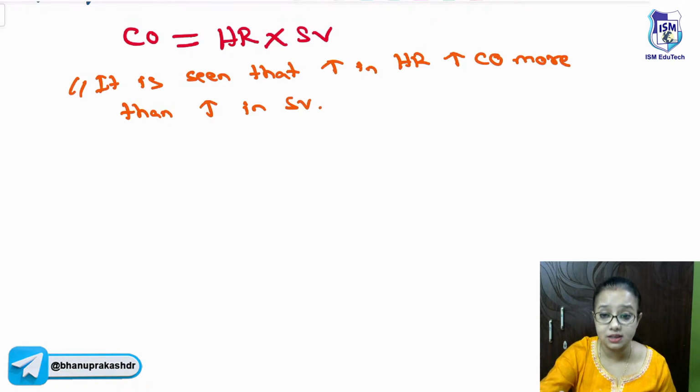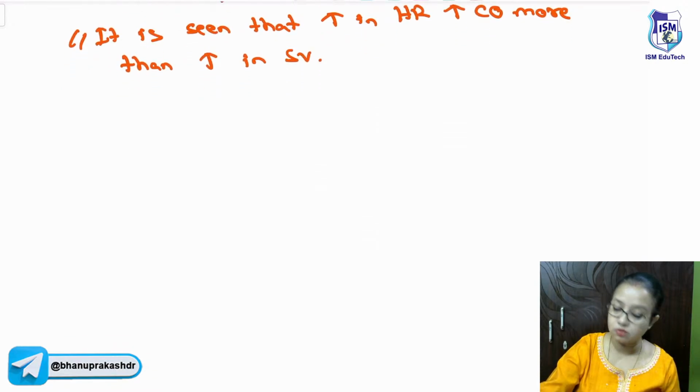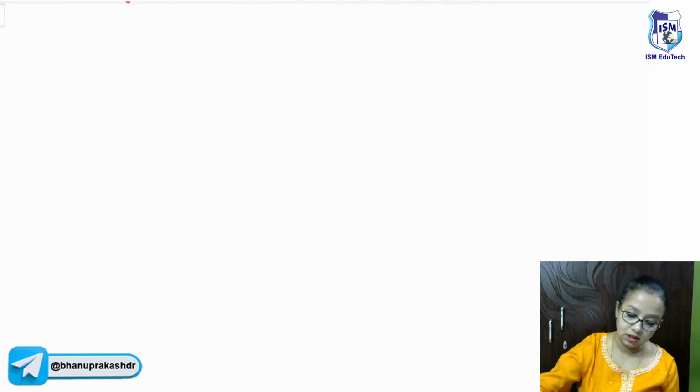Both directly affect the cardiac output.